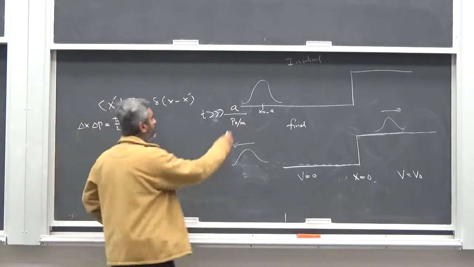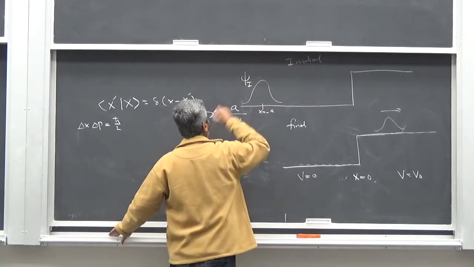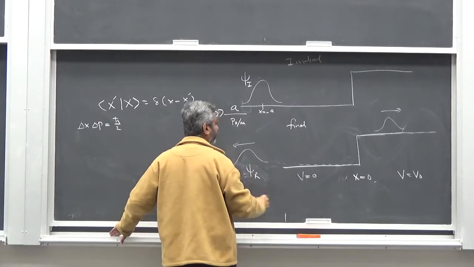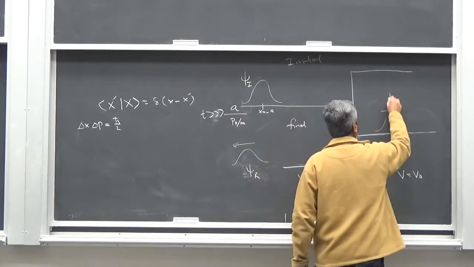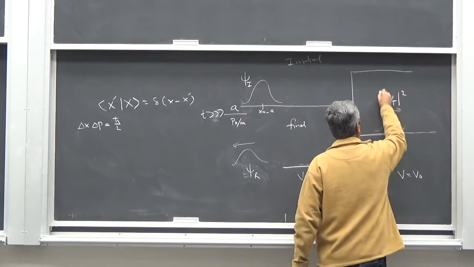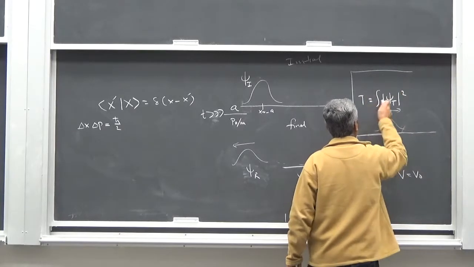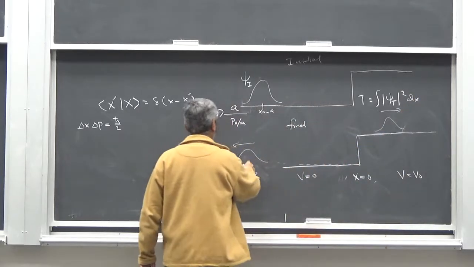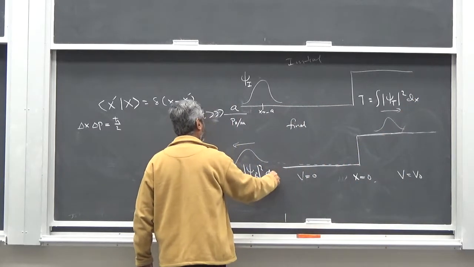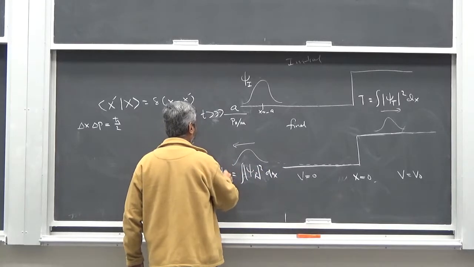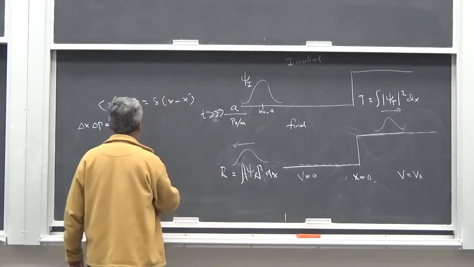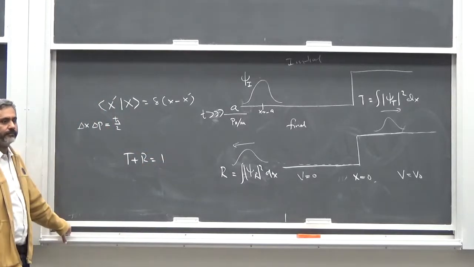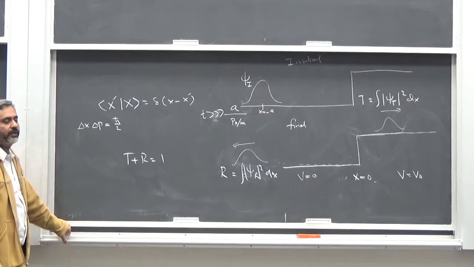And so this is your initial Gaussian, and then this is the reflected wave packet, and this is the transmitted wave packet, and this thing is basically the coefficient of transmission. And this thing is the coefficient of reflection. And you know that T plus R has to be equal to 1. Probability is concerned. Particle has to be somewhere.